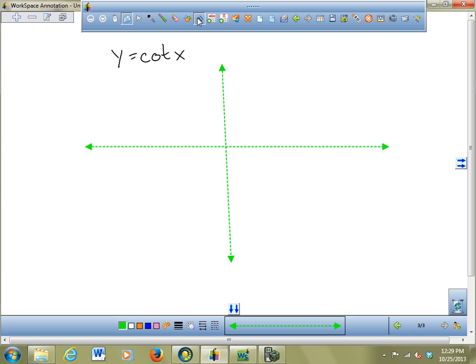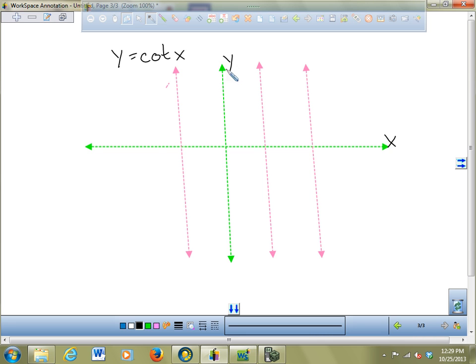Okay. It looks similar but different in that the asymptotes are still the same distance apart, except it starts at, so let's go back over here. So this is the y-axis over here, this is the x-axis. Cotangent starts this way, and it comes down this way.